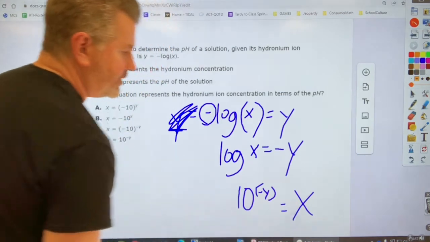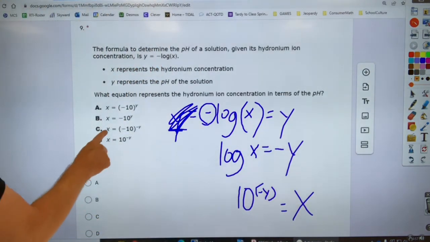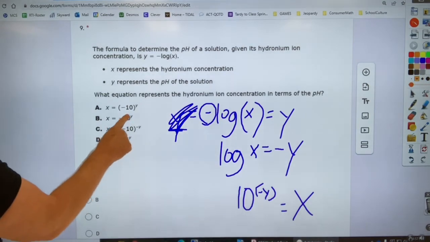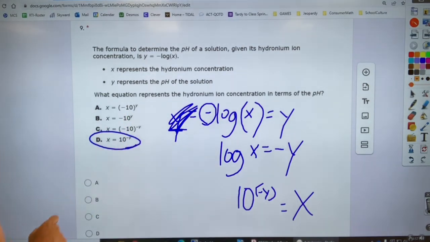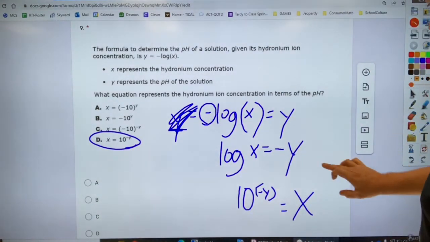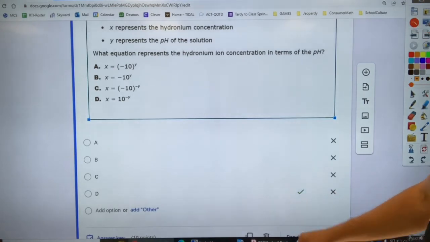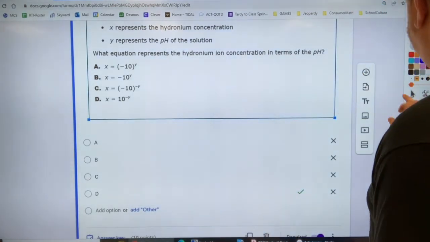All we did was switch it into exponential form. So x equals 10 to the negative y. That answer should be D. And I'm going to check that just to be sure, because I can click on this. Yep, that answer is D. So thank goodness, all right?